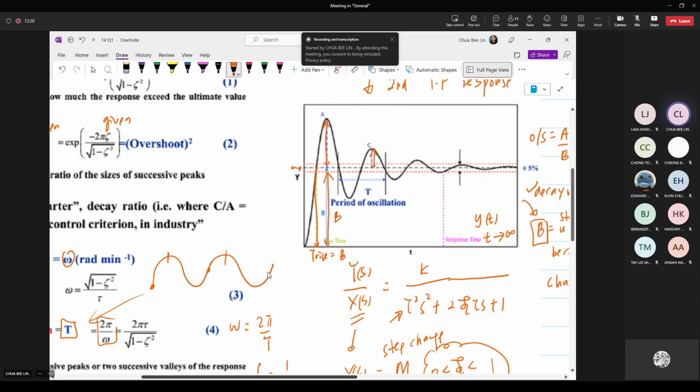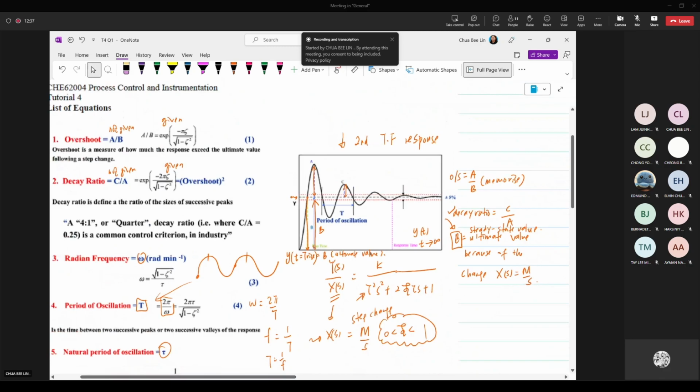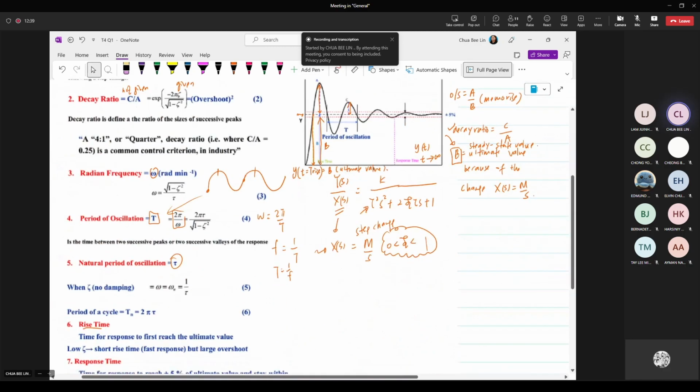When the time is T rise, or I put in y(t) equal T rise, the answer will be the ultimate value. Okay, so all this formula given. Rise time we have to find using the term 21.